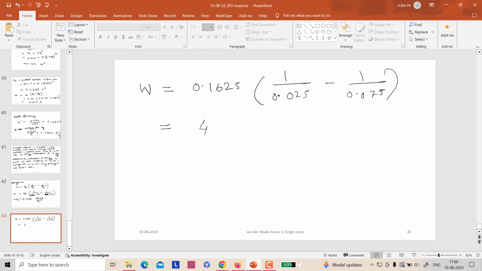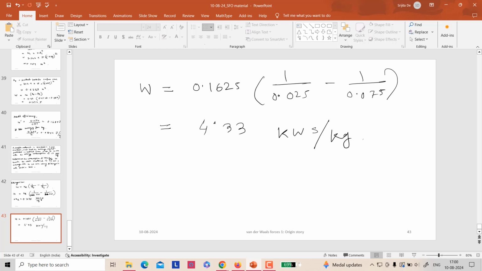Now the energy consumption will be 4.33 kilowatt second per kg.